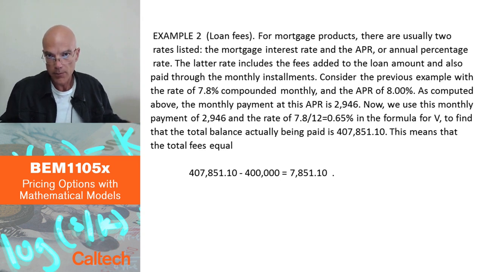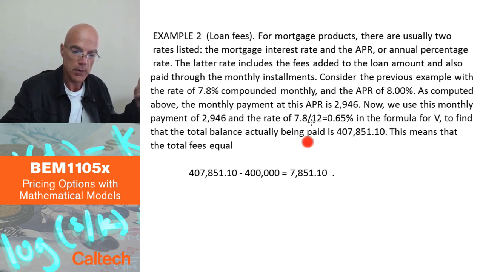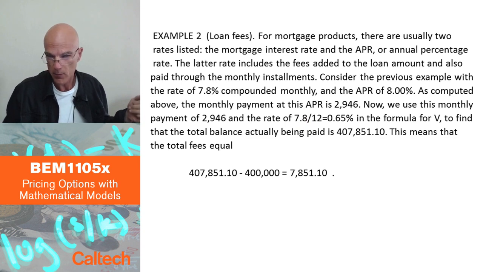Instead, these fees are combined with the loan amount, and you pay them along the way, a little bit each month. So maybe the bank will quote 7.8% interest, but then say the APR is 8%. It's going to be higher.